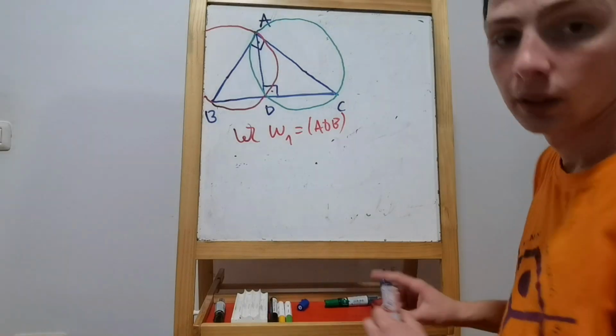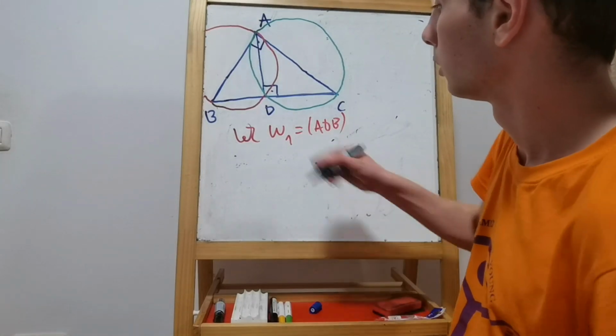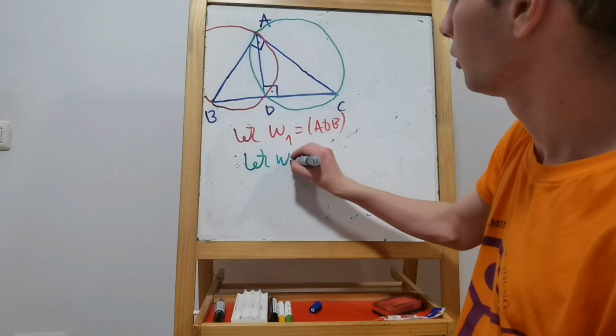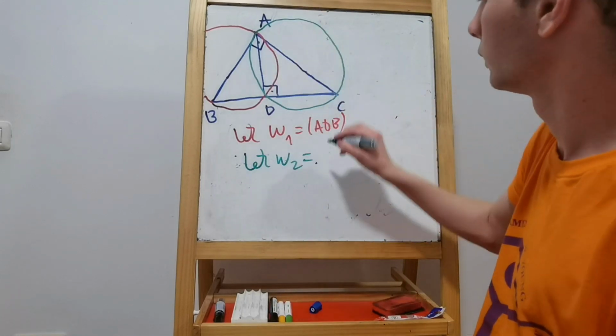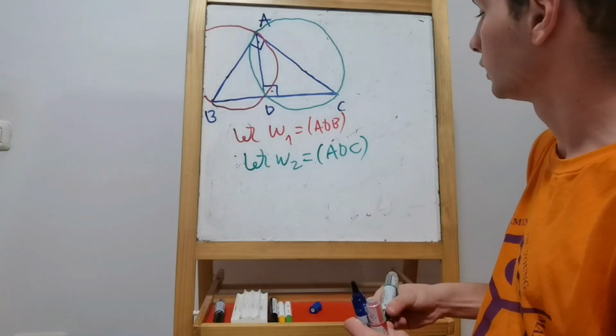Perfect. And I say let omega 2 be equal to circle ADC.